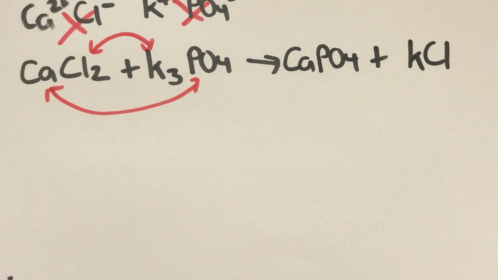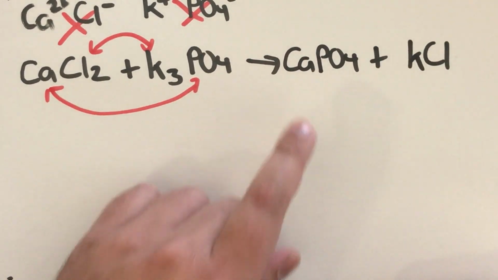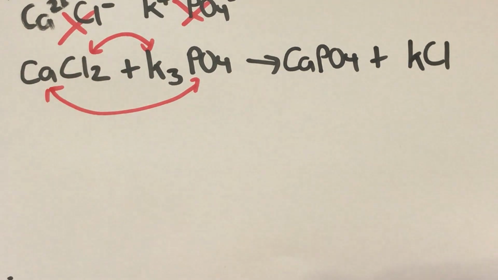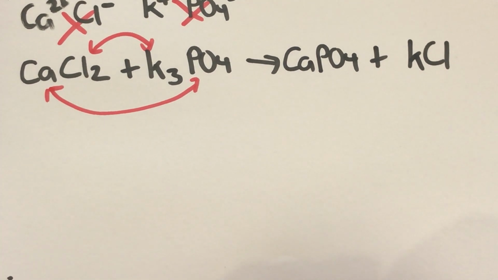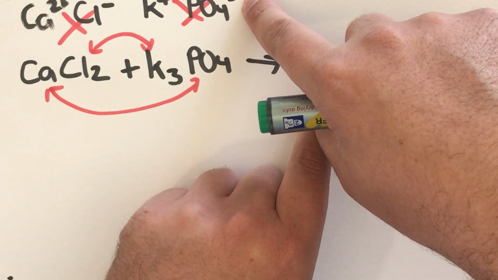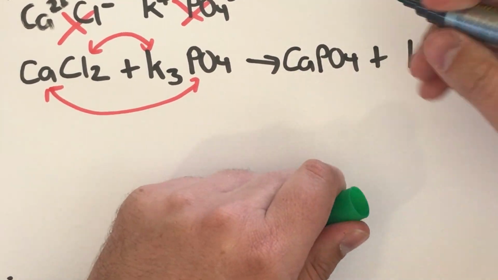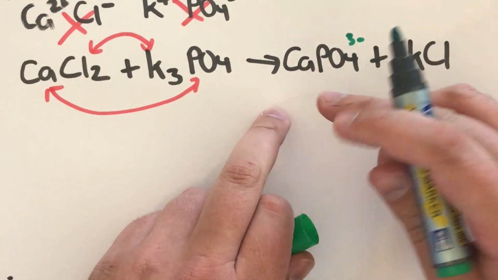Good. Now we need to make sure that this part here is now balanced based on the valencies we worked out before. So I'm going to use a green pen just to highlight what I'm doing, and then we'll rewrite it so it's a bit clearer. So we know that phosphate has a valency of 3-, and calcium has a valency of 2+.